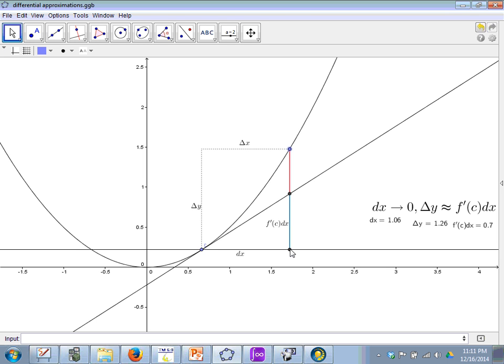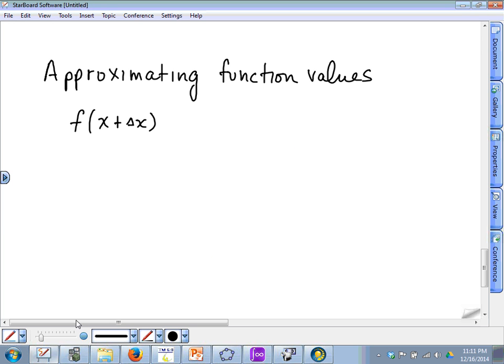So f of x plus dy can be used to approximate this whole distance right here. Okay? So f of x plus delta x can be approximated by f of x plus dy. But remember, dy can be written a different way, so that can be approximated by f of x plus f prime of x dx.